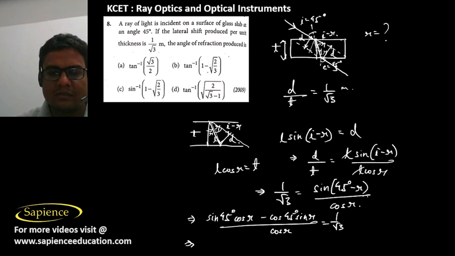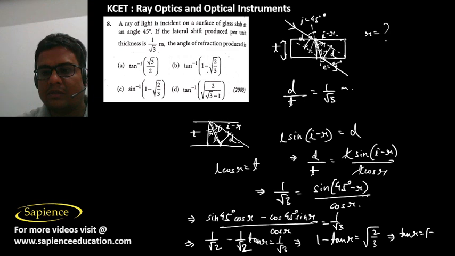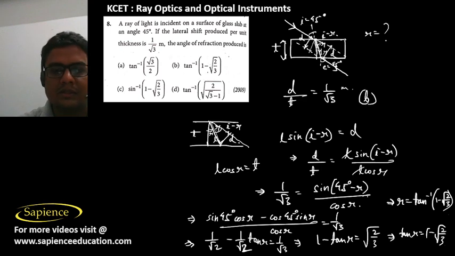So cos R, this will cancel, so sin 45 is 1 by root 2 minus this is cos 45 is 1 by root 2 into tan R, equals 1 by root 3. So therefore 1 minus tan R, that is equal to root over 2 by 3. That means that tan R is equal to 1 minus root over 2 by 3. So therefore R, the angle of refraction R, is tan inverse of (1 minus root over 2 by 3). So option B is the correct answer.